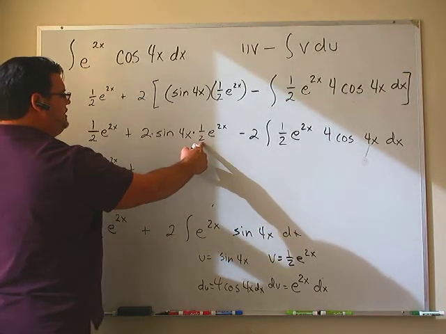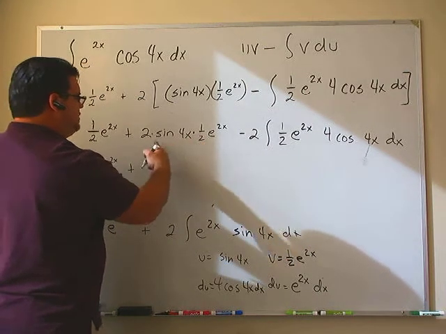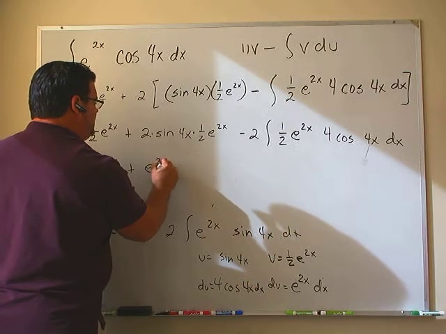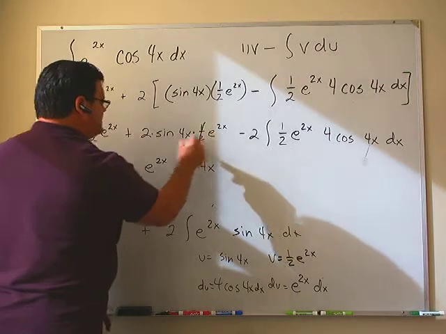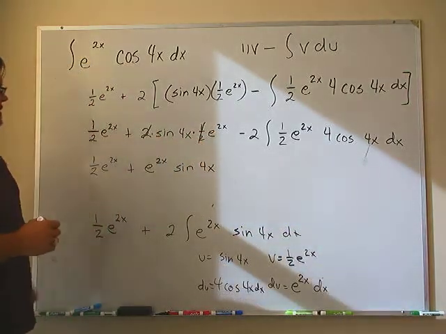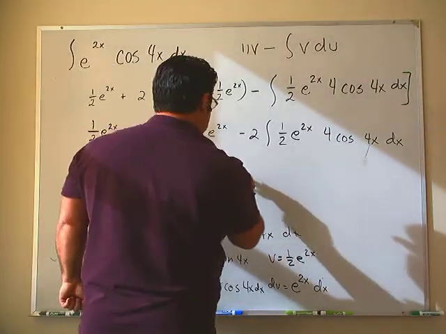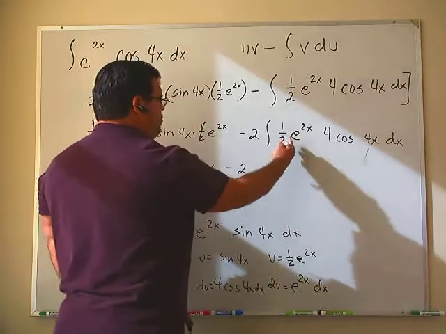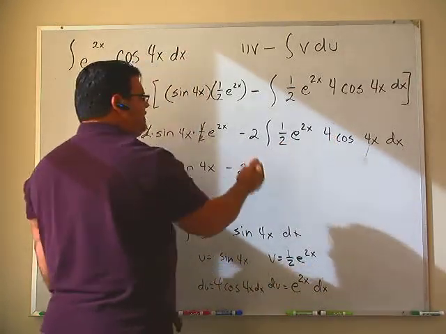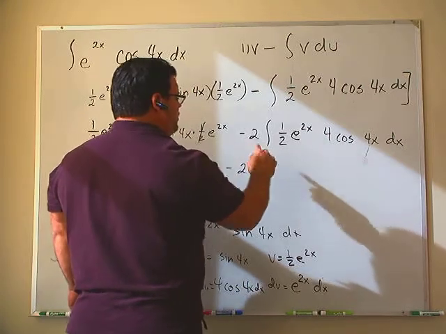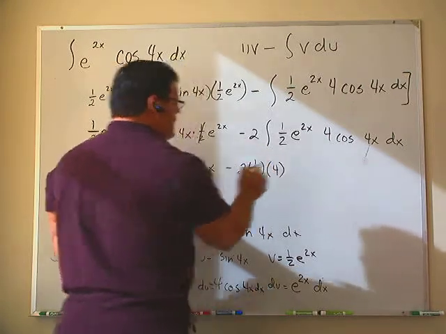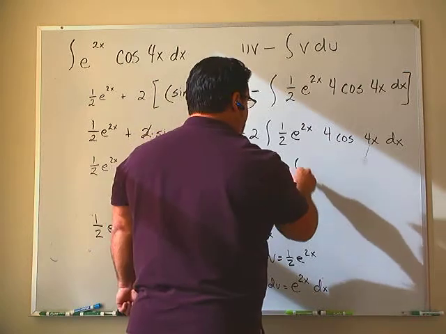So we get 1/2 e to the 2x plus 2 times 1/2 is 1. So that comes out to be e to the 2x sine of 4x, because this cancels there, minus, I'm going to leave that 2 there, I'm going to pull out that 1/2 and that 4.